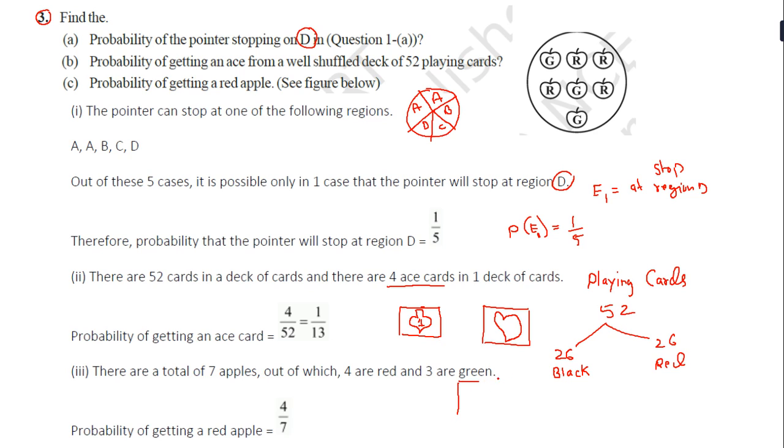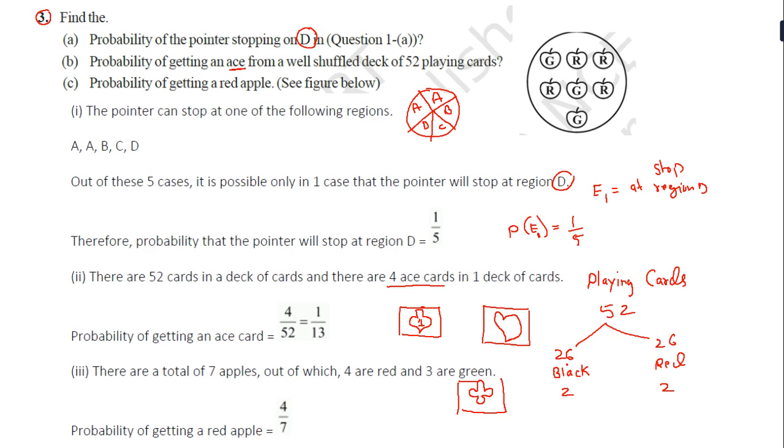Same thing, so again 1. The question is ace. What is the meaning of ace? It means 1. So how many 1s? 2 here and 2 here.